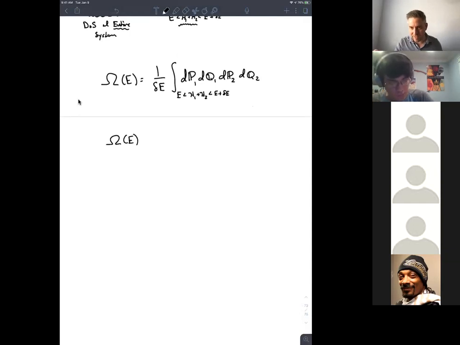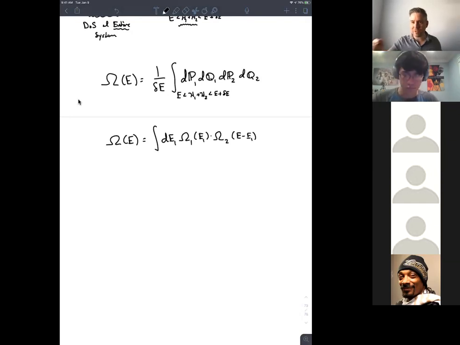The density of states of the entire system is equal to the integral over all possible values of E1, the energy of subsystem 1, times the density of states of subsystem 1, times the density of states of subsystem 2, at energies of subsystem 2 that correspond to the values of E1.